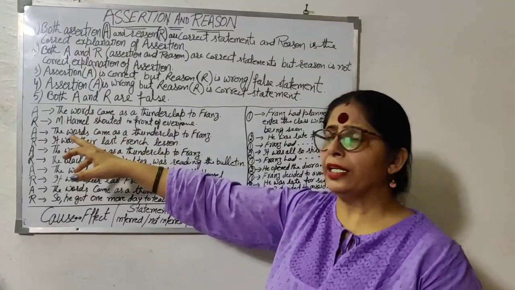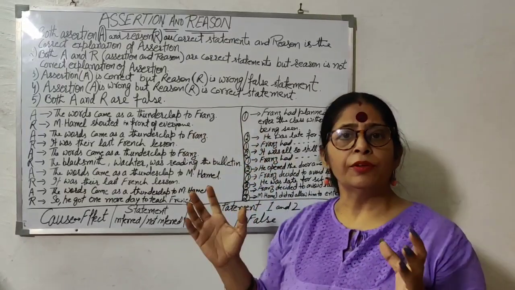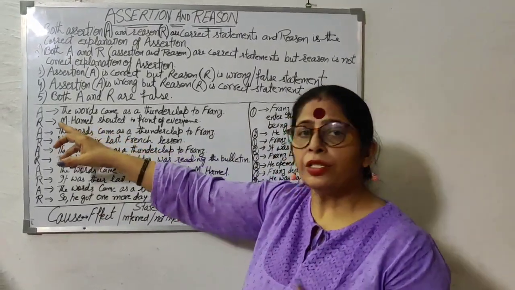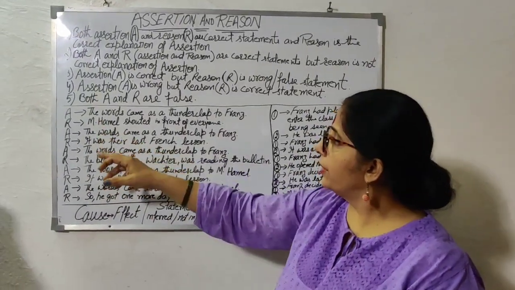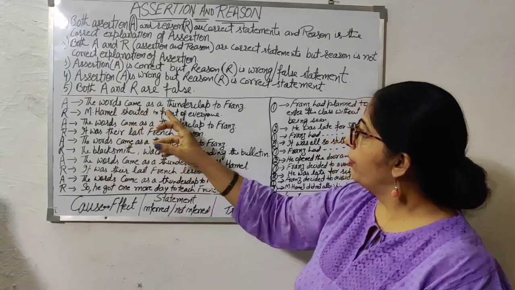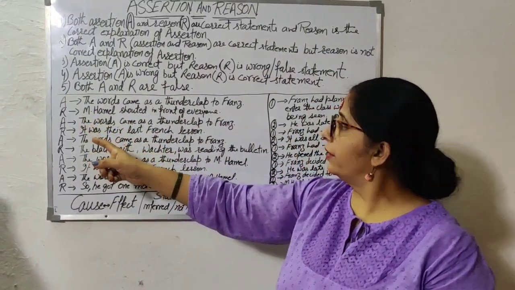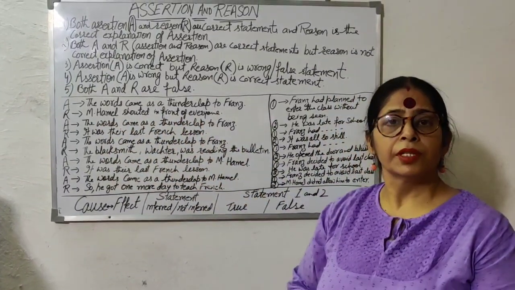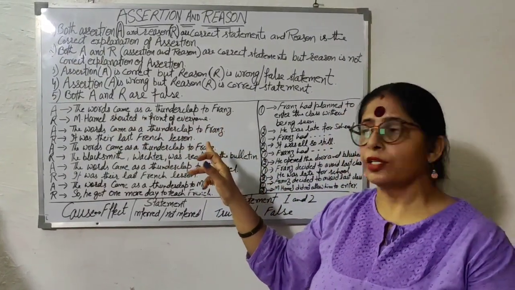Now the first sentence is: the words came as a thunderclap to friends. We are taking the first chapter as an example. The assertion is the first statement: the words came as a thunderclap to friends. And here the reason is: M. Hamel shouted in front of everyone. First of all, this assertion statement is correct.